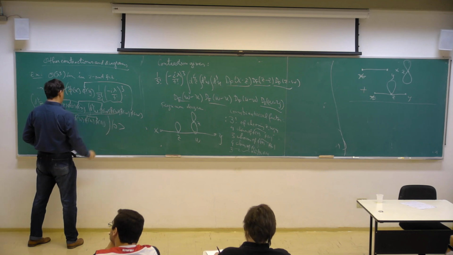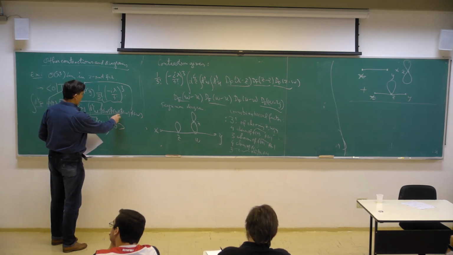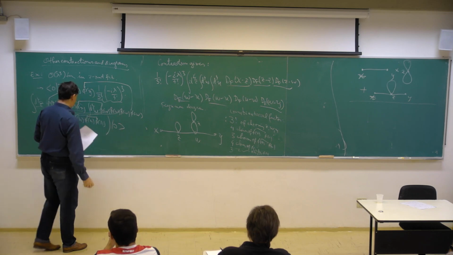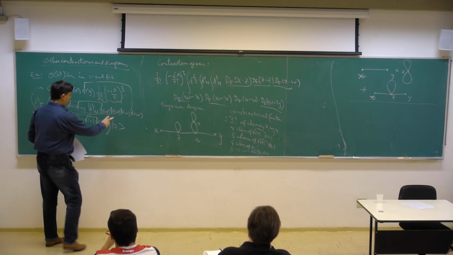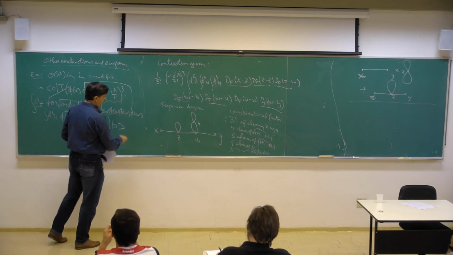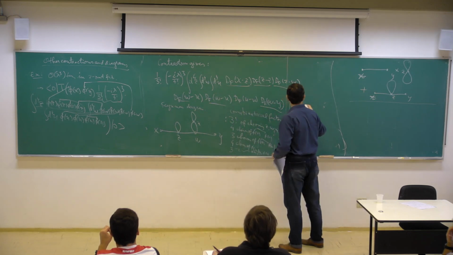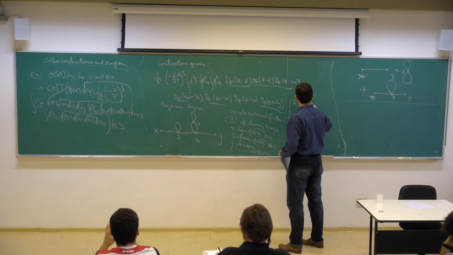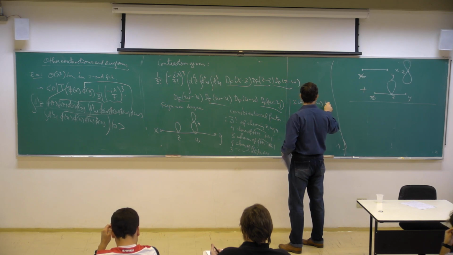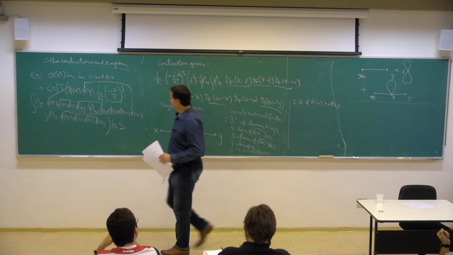And then I have 2 choices, so I'm remaining with 2 phi's, but out of these I have to pick one that will contract with one of these guys, and then the remaining one is fixed. So 2 choices of phi of w to phi of u, okay?